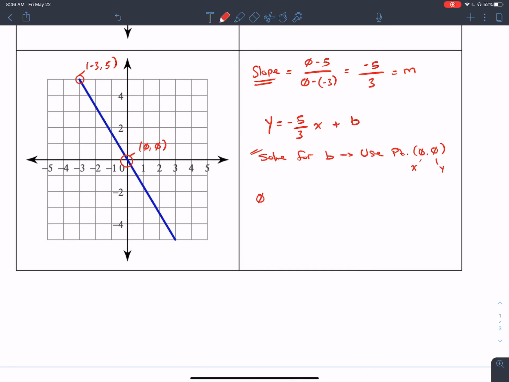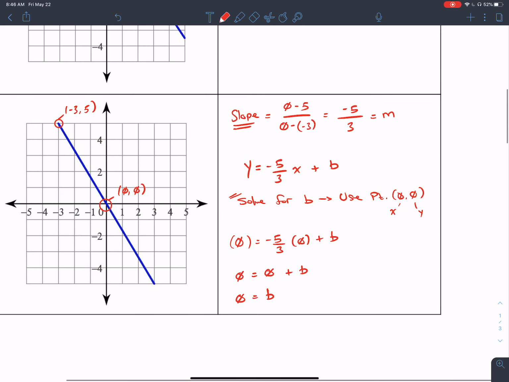So for y, we have 0 equals negative 5 over 3 times 0 plus b. Well, hey, we have 0 equals 0 plus b, or 0 equals b, right? So we see that this is following suit, and we have that y-intercept of 0 there.